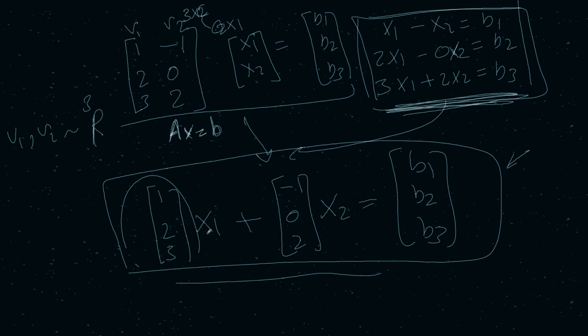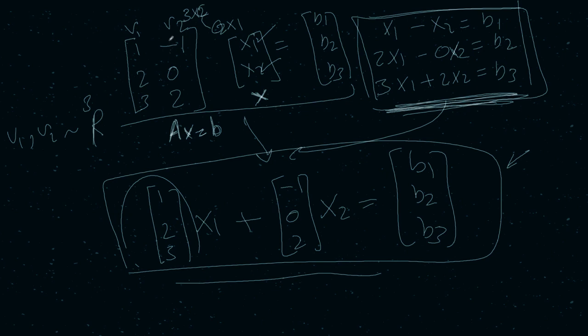Remember, x bold is a vector, but x1 is a scalar and x2 is a scalar. So we multiply the first column by a scalar plus the second column by another scalar.